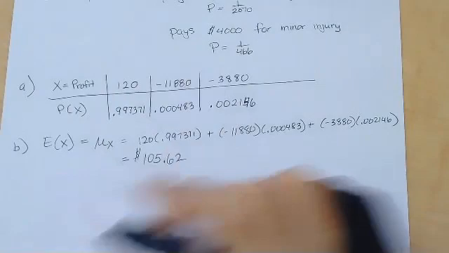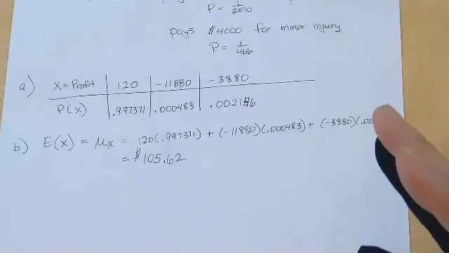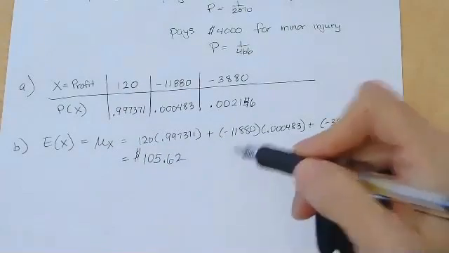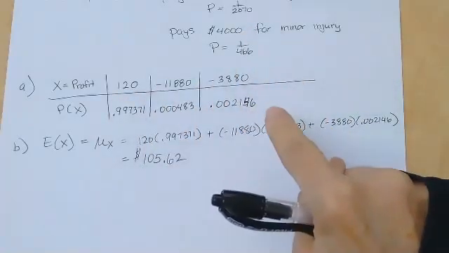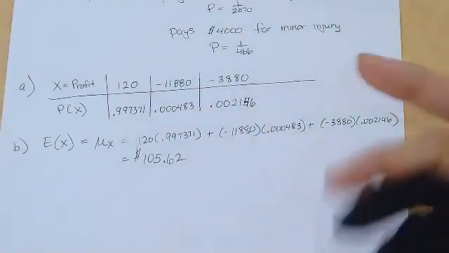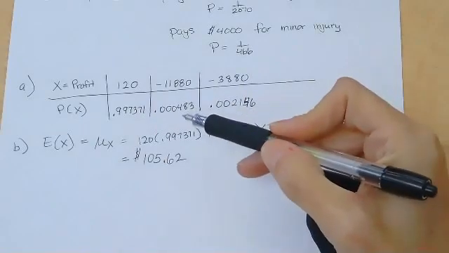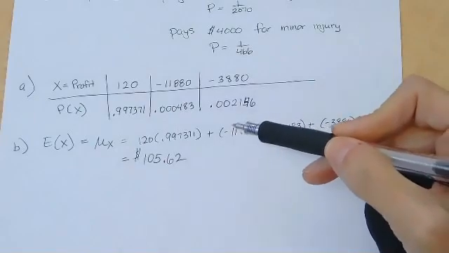There are people called actuaries who get a degree in math or in actuarial science, and their job working for insurance companies is figuring all of this out. They have to look at all of the tables of data and figure out, well, how likely is it that someone gets into a major accident? How likely is it that someone gets into a minor accident?